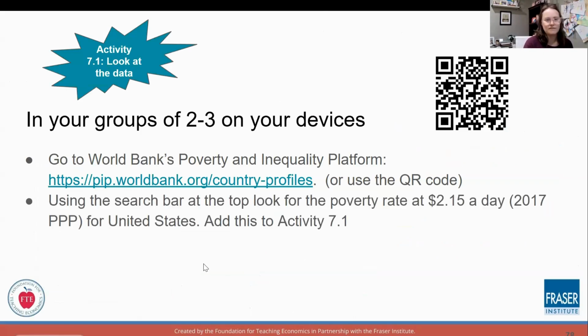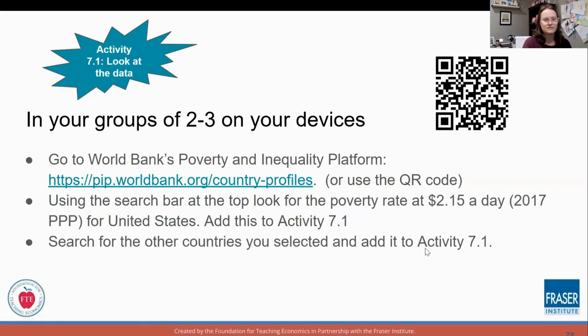In the search bar, I want you to look for the poverty rate for the United States. And then you're going to search for other countries that you had in activity 7.1. If you had those cards from the last one and handed them out to all the people, they'd essentially be building an entire profile of these 6 countries. So I want you to add that.